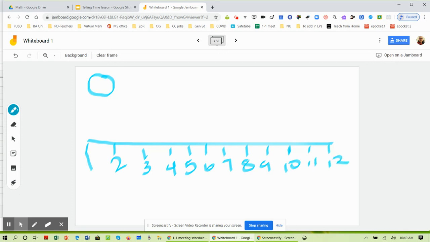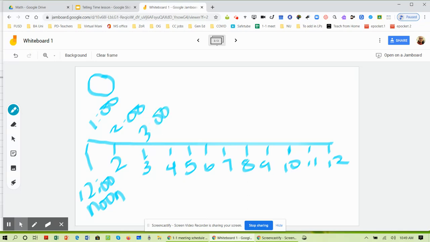When your clock goes like this, it's one every hour. So let's say you start at 12 noon, getting ready for lunch, and then it goes to one. The next hour would be 1 o'clock, 2 o'clock, 3 o'clock, and so on and so forth, right?